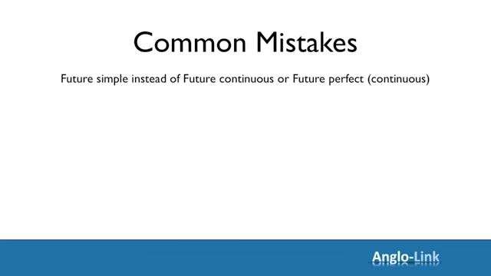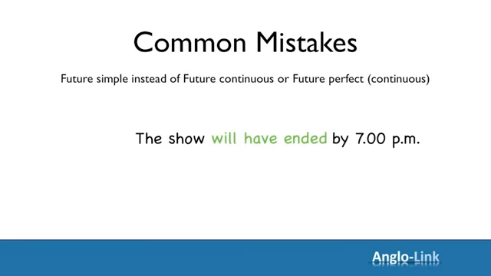Let's look at the next example. The show will end by 7 p.m. Action completed before a specific time in the future. So once again, not future simple, but this time future perfect. Will have ended.